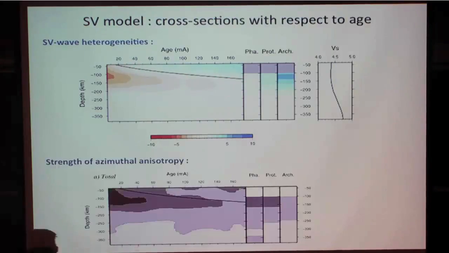Now, if we do the same thing for the strength of the azimuthal anisotropy, what we observe here is that the strength of the maximum azimuthal anisotropy is observed for young oceanic ages.